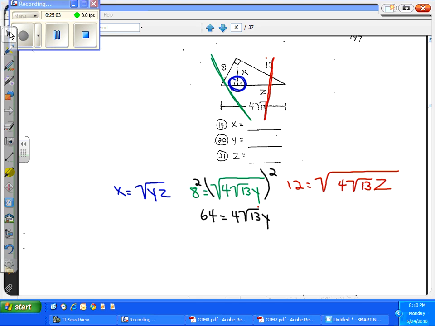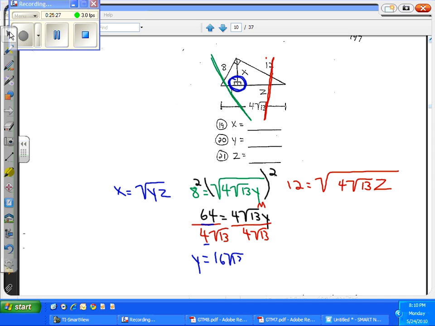Well, now we're going to undo multiplication by division. So we're going to have 4 square root 13, 4 square root 13. And this is where all that simplifying radical stuff becomes handy, necessary. So y equals 64 divided by 4 is 16.